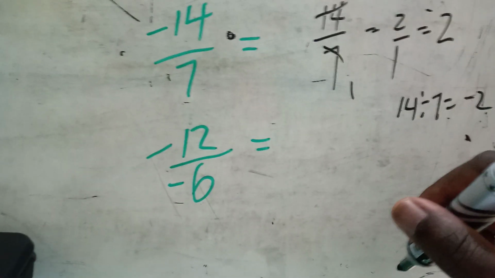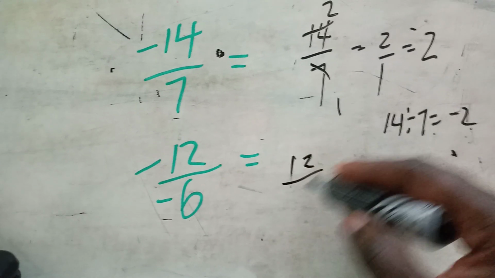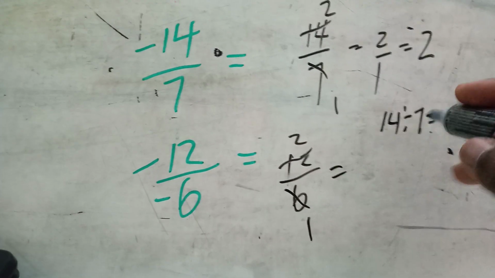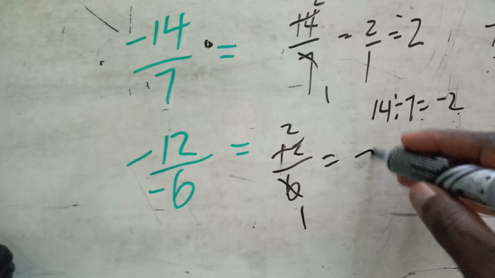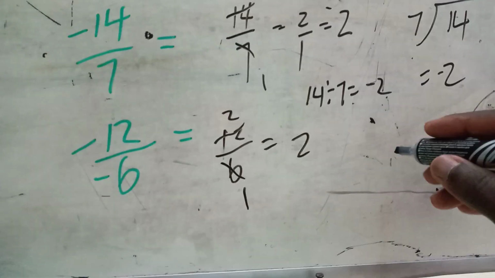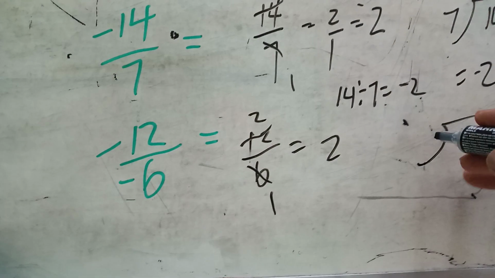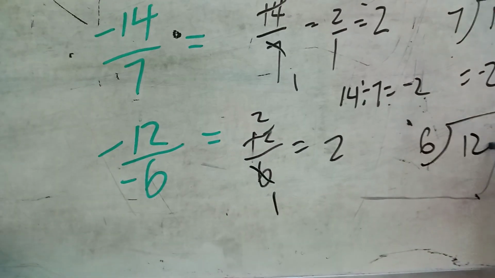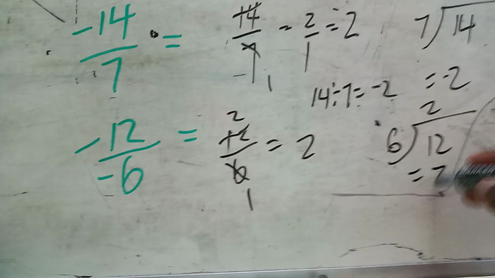Alright, for a negative and a negative again, do you want us to do it this way? 6 into 12, 2, and your answer would be 2, and because it's 2 negatives, you're going to get a positive. Or if you want to do it this way, let me turn the denominator into the divisor and the numerator into the dividend. 6 into 12 goes 2 times, and my answer is going to be 2.